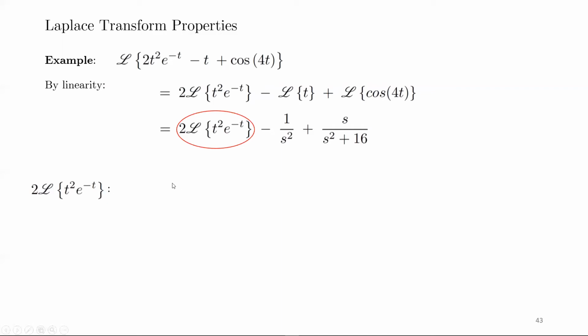Well, what I know is the Laplace transform of t squared is equal to 2 factorial over s cubed. If the power is 2, the s is to the power of 3. And I've got this 2 out front here, so I'm multiplying this whole thing by 2 as well.